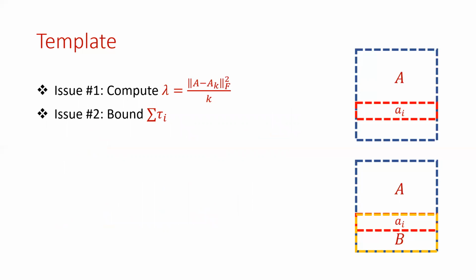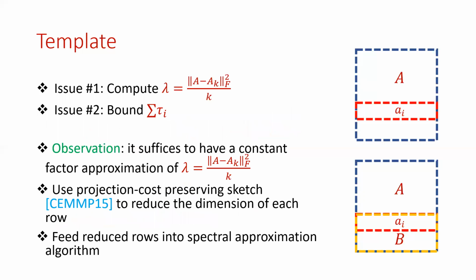So the two assumptions I haven't discussed are how to compute the regularization parameter lambda, and also how to analyze the number of rows that we've sampled. To handle the first issue, we first observe that it suffices to have a constant factor approximation to this regularization parameter lambda.